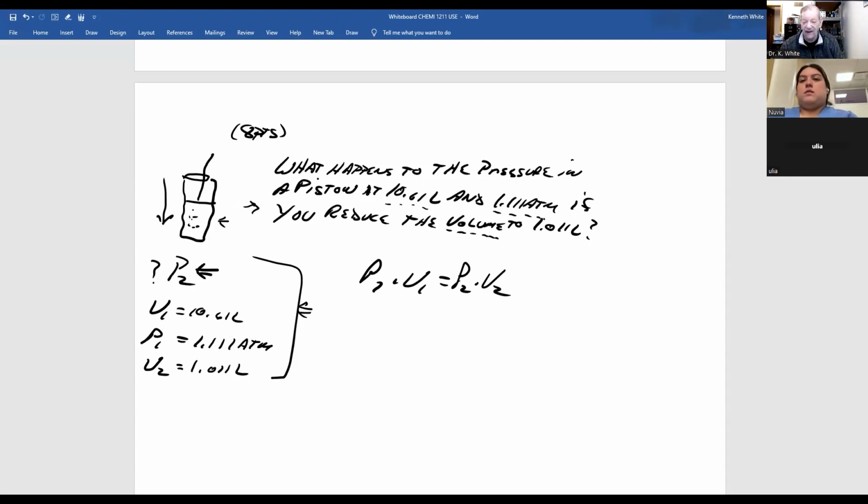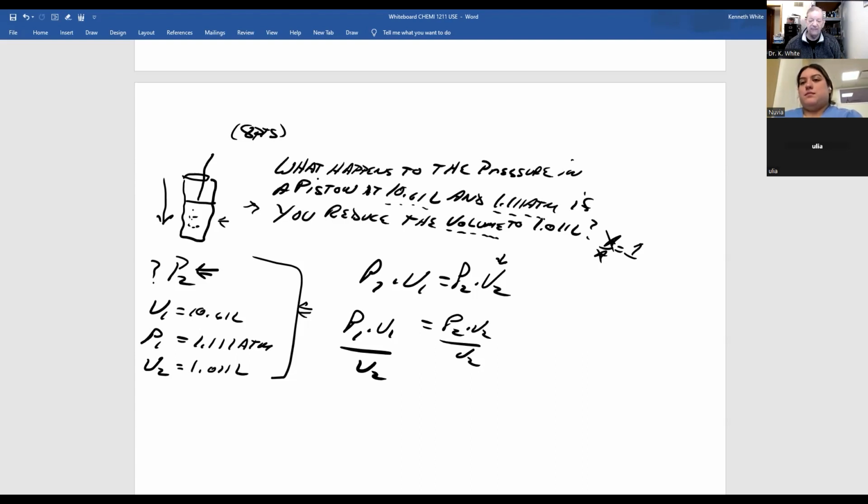Uh-oh, I've got to get rid of V2. Remember, anything divided by itself equals 1 and is gone. So if I divide this by V2, it's gone, and I'll have P2 alone on one side. However, whatever you do to one side, I have to do to the other.